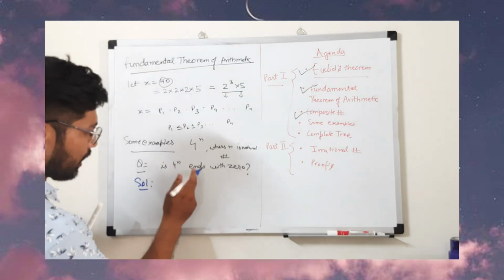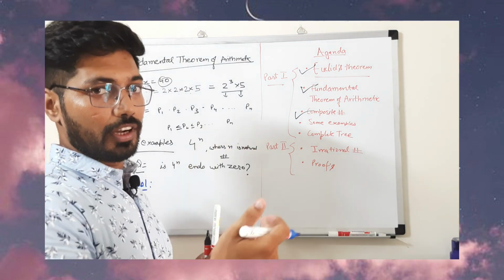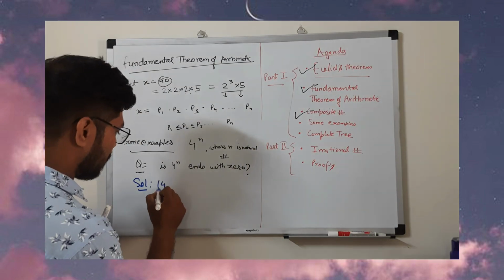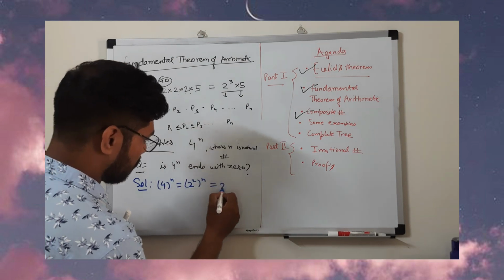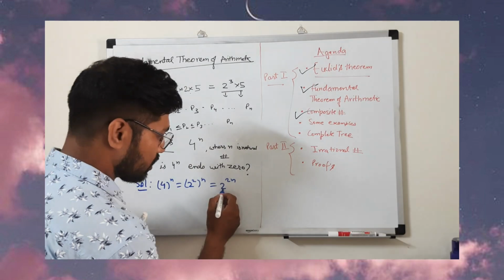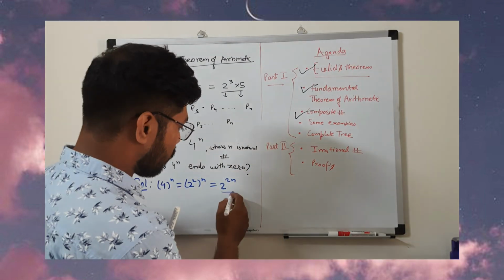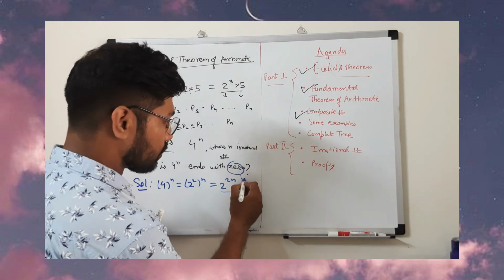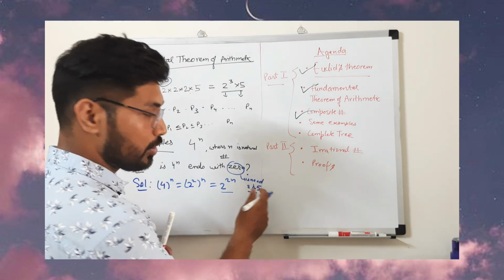So 4 की power n: 4 is not a prime number, so first you need to divide 4 into prime factors. 4 power n is 2 की power 2n. You can see there is no 5. To end with 0, you need 2 and 5, since 2 into 5 is equal to 10.